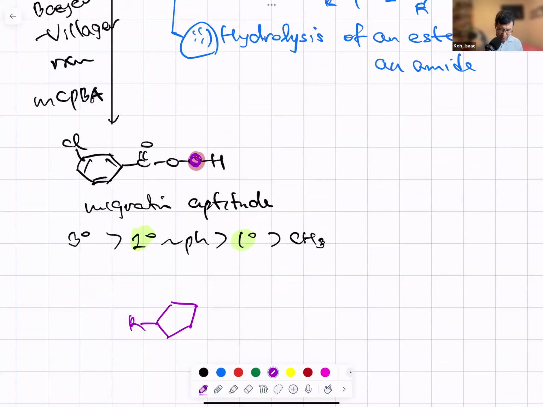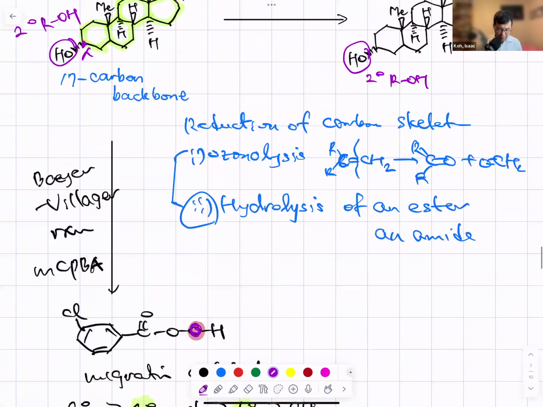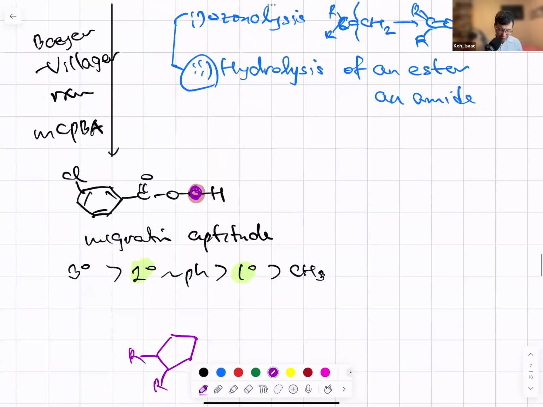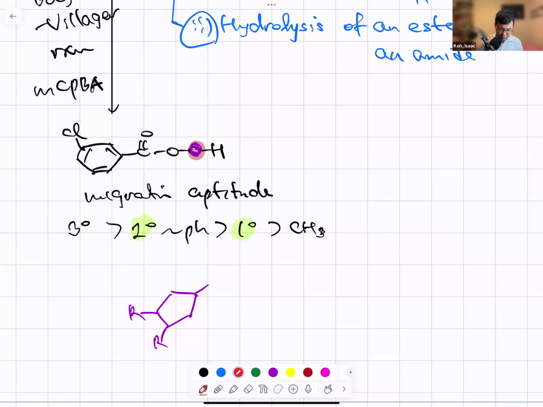And here alkyl group. The ring, let me represent two alkyl groups. And then oxygen is inserted right there, and then carbonyl and methyl group right there.